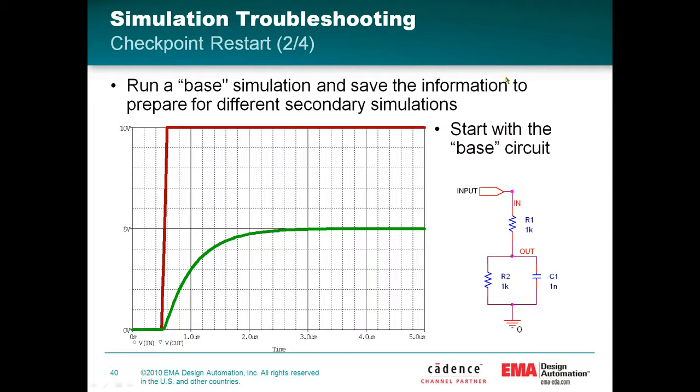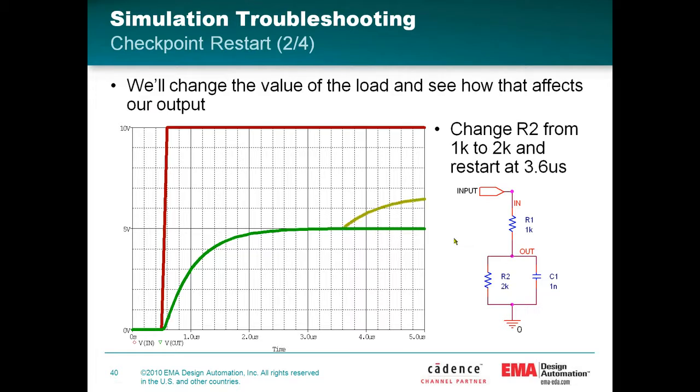Here's an example of what you might want to do with this. Here we have a simple RC circuit again, where you've got a charge-up cycle. The characteristics of this charge-up cycle are not really going to change that much. So you can run this one time and save it off as your base run, and then do a checkpoint restart when you, for instance, want to change this R2 resistor from 1K to 2K to see how that affects the circuit.